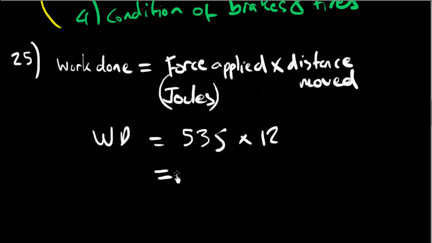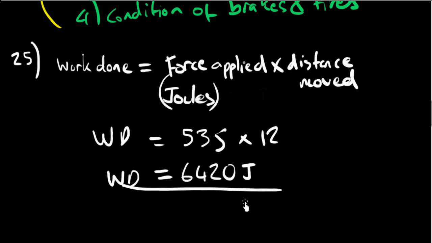On the calculator this comes out to be 535 times 12, 6,420 joules, and that's already to three significant figures, because these three are significant. We'll go over a video of significant figures at some other point, but this is already three significant figures, so we can leave it like that. Work done is 6,420 joules.